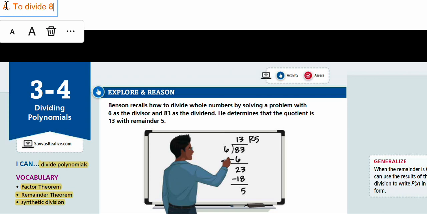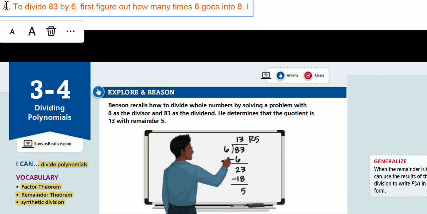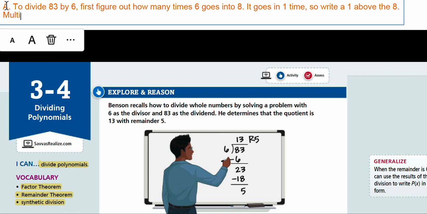To divide 83 by 6, first figure out how many times 6 goes into 8. It goes in 1 time. So write a 1 above the 8. Multiply 1 by 6 and write the answer below the 8 and subtract.